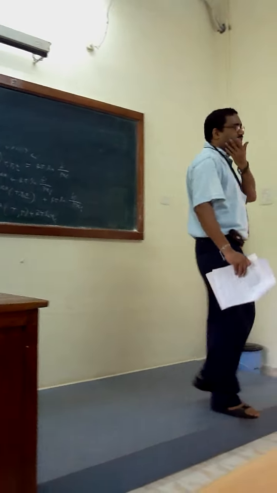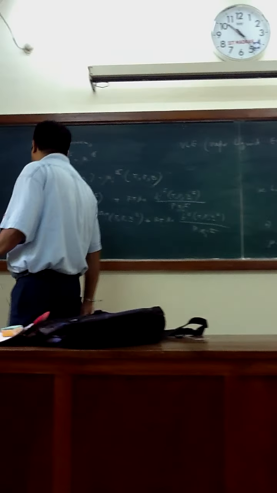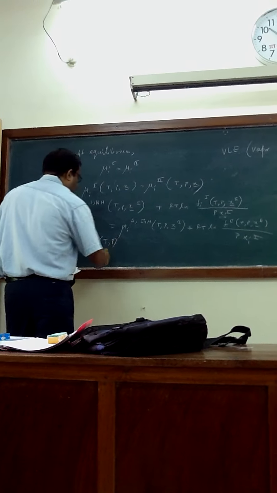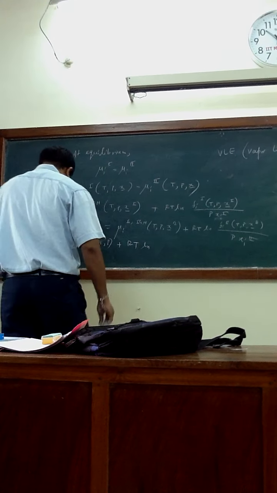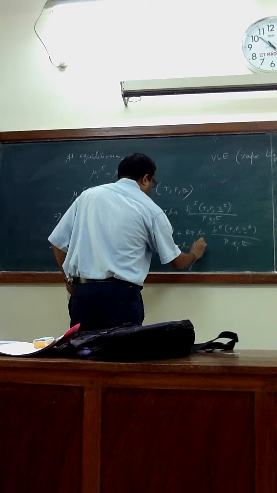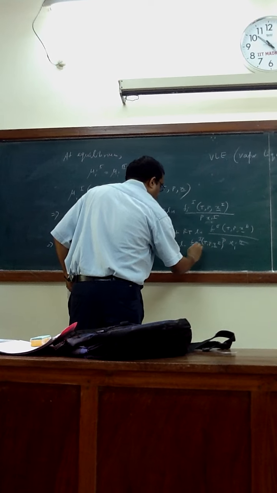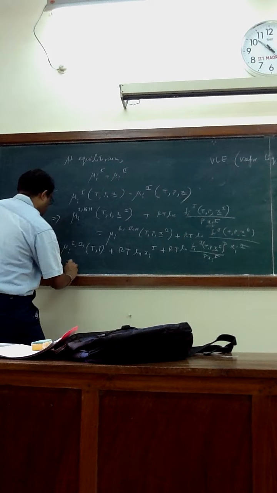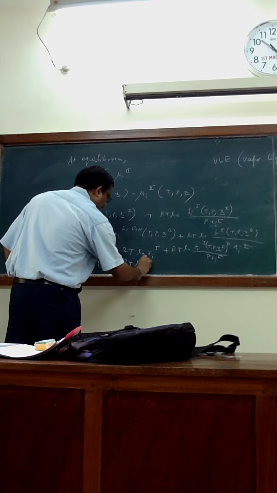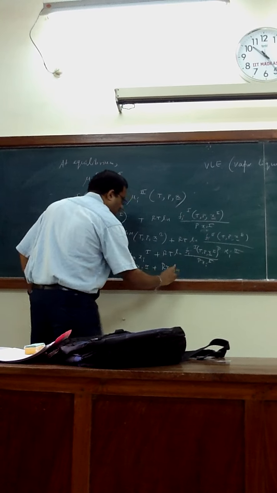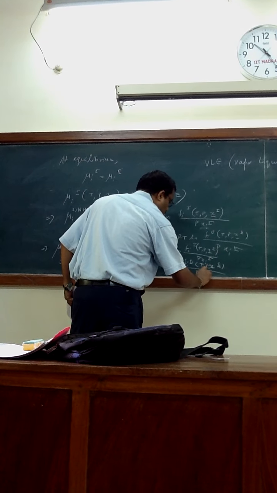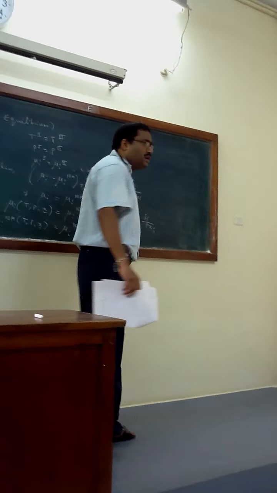That is mu i1 Ig (T, P) plus RT ln x i1, plus RT ln phi i1 (T, P, x bar 1) by P x i1, equals mu i2 Ig (T, P), same way RT ln x i2 plus RT ln phi i2 (T, P, x bar 2) by P x i2. I'm just putting from here to there.